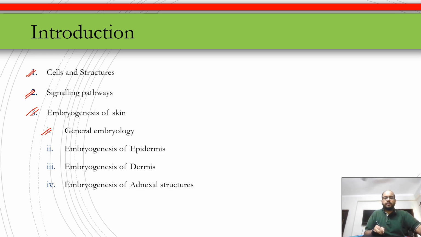So after the three layers are formed, and the three layers majorly are the endoderm, ectoderm, and in between them is the mesoderm. So this is the three-layer formation, and we'll discuss how it forms. After that, we'll discuss how the epidermis forms, how the dermis forms, and what is the embryogenesis of other adnexal structures like hair and glands. Okay, so let's move forward.